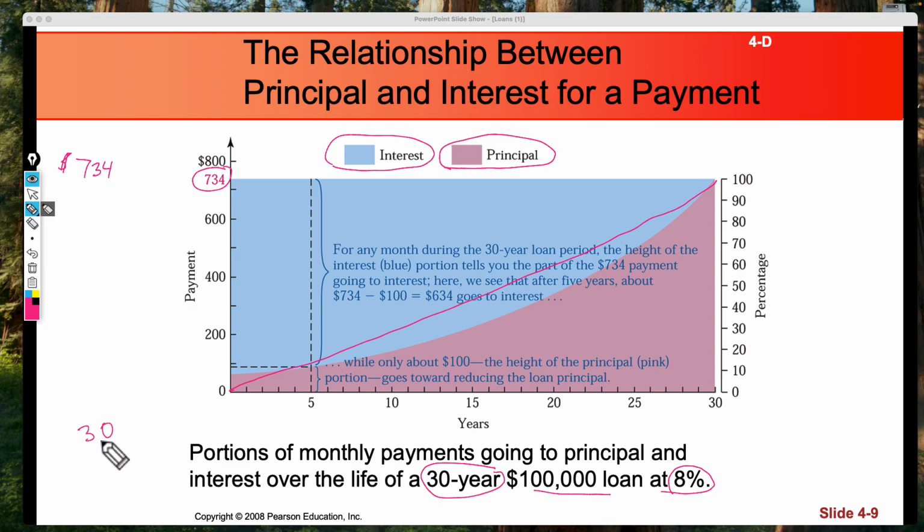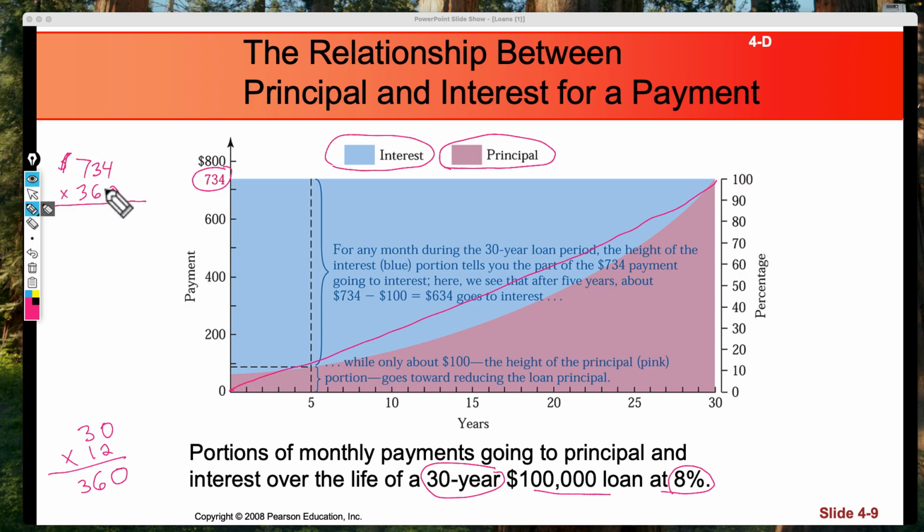So 30 times 12 is what? 360. You'll see that number a lot. A 30-year loan is 360 payments. A 15-year loan is 180. There are a few numbers that you'll always remember. So 360 payments, so $734 gets paid 360 times.